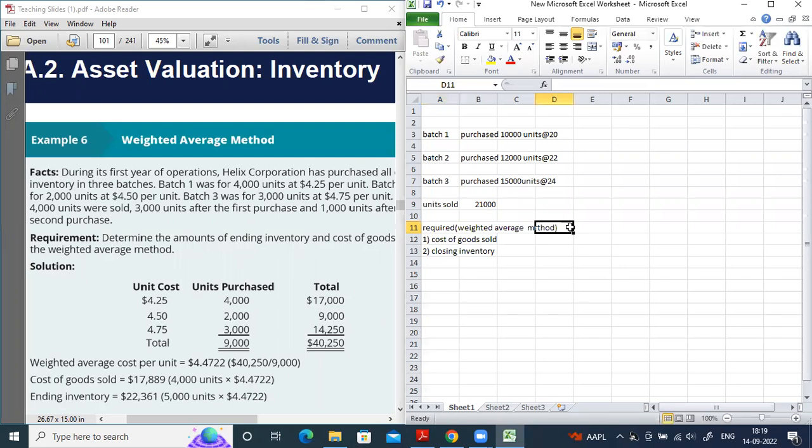I hope everyone can see my screen. For your reference, I just split my screen also. You can see the method also.